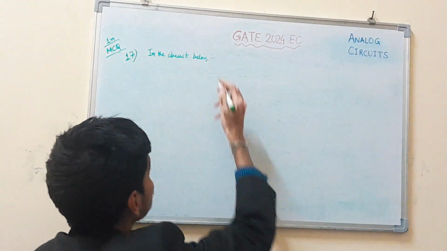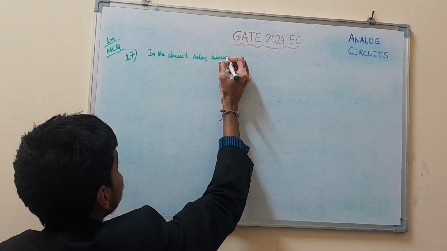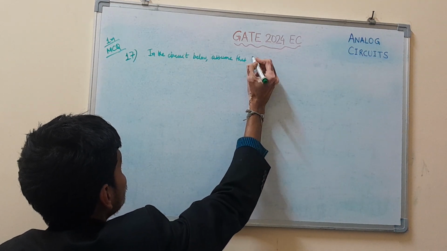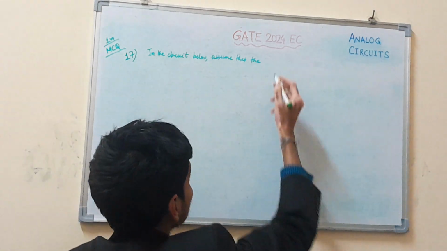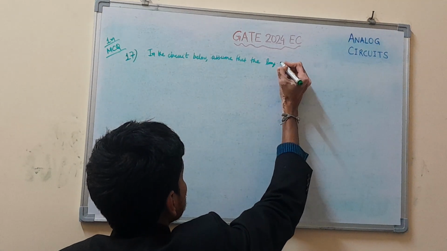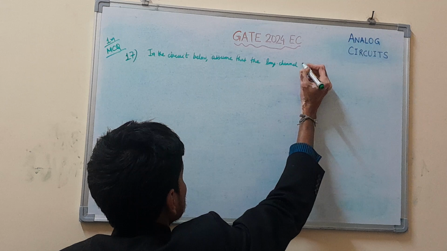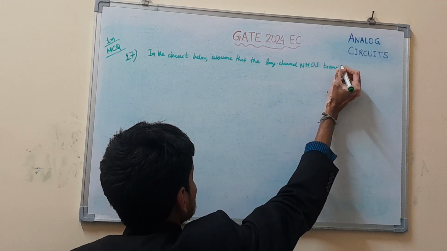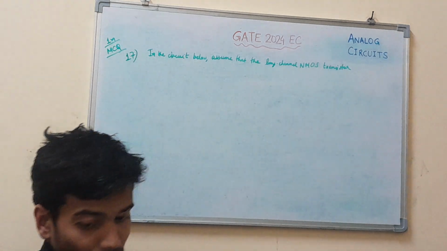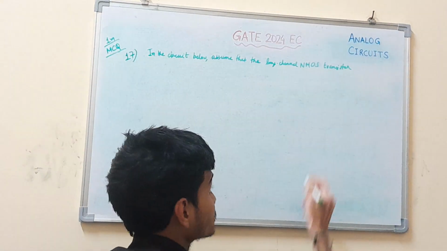Assume that the long channel NMOS transistor is biased in saturation.